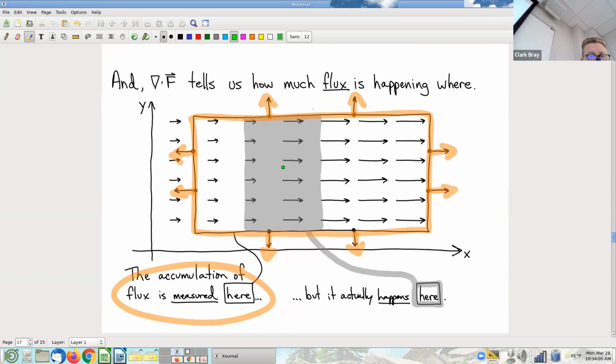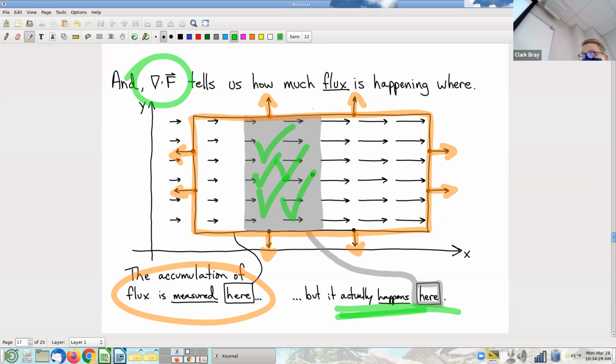Well, divergence, thought of as flux density, is telling you where flux is happening. This orange flux that I measure on the boundary, where is it happening? It's actually happening in this green region in here. And divergence would indicate accordingly. If you were to construct this vector field and compute the divergence, that's where the divergence would be positive.